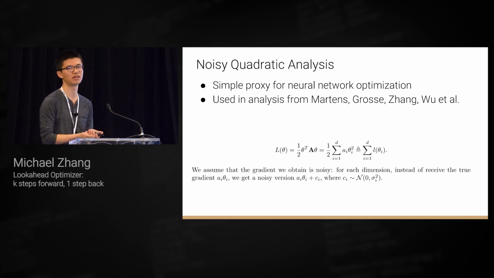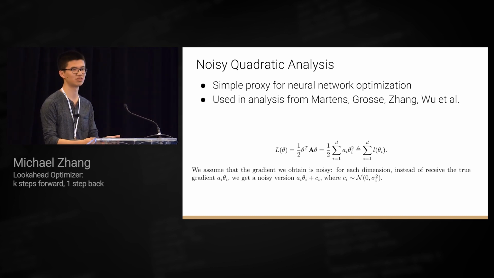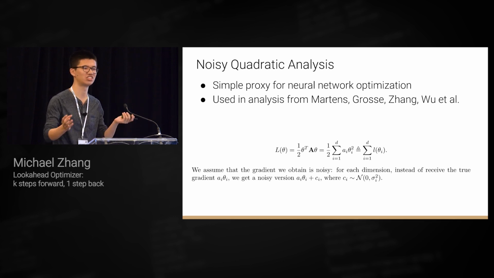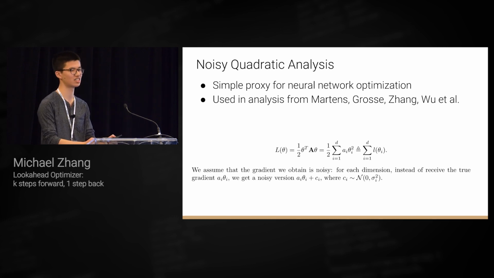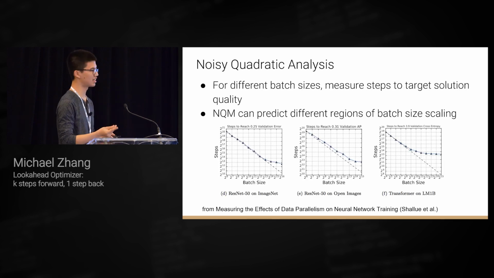And rather than assuming we have the true gradient of the loss function, we instead assume we have a noisy version of the gradient: the true gradient plus some Gaussian noise. This model can do a really good job of modeling the stochasticity of neural networks. It might not capture behavior like having 2 different minima, but it does a good job of modeling the effects of batch size.